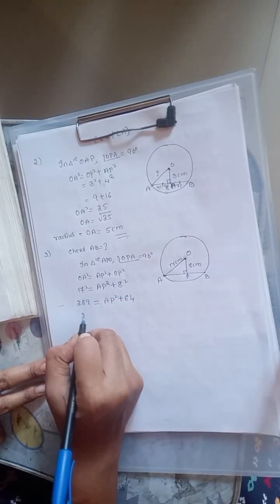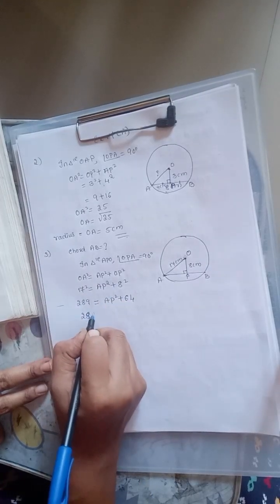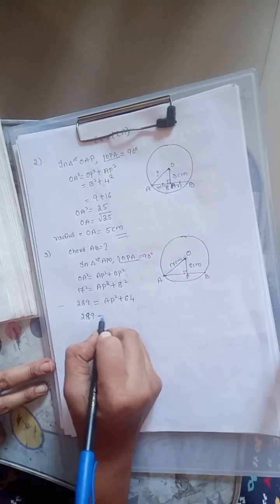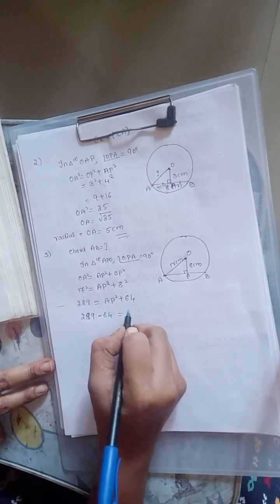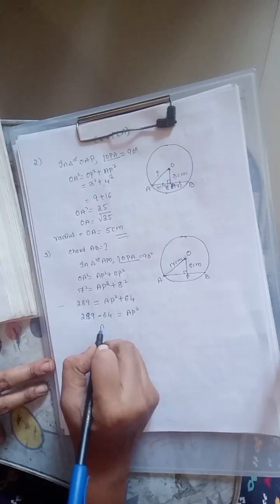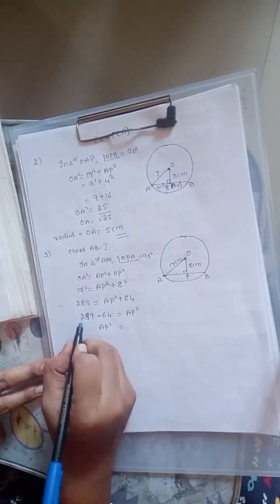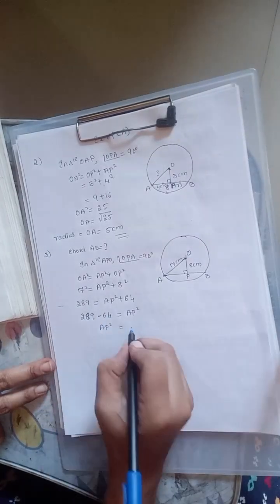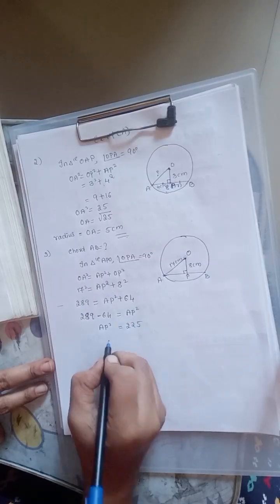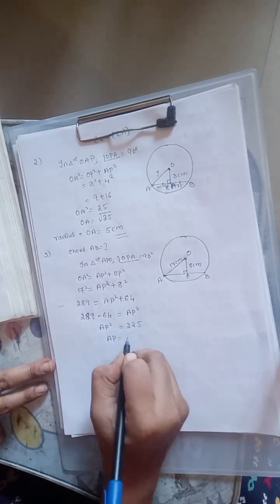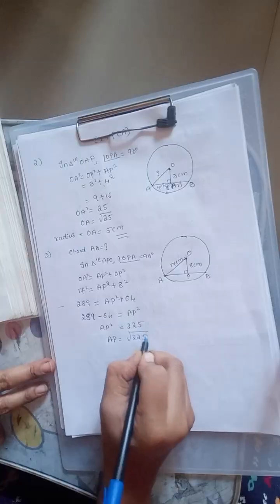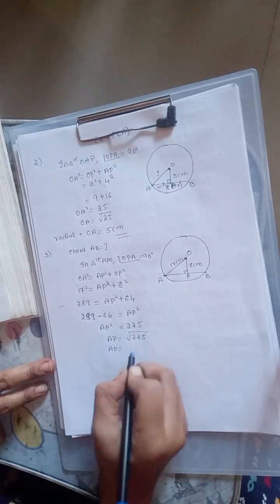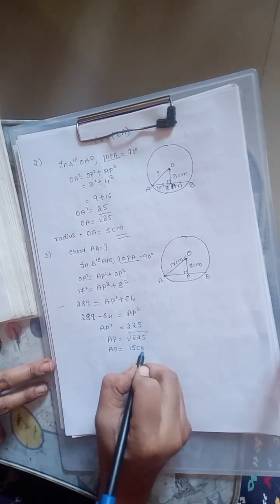Send this 64 to the LHS. 289 minus 64 equals AP square. Now AP square is how much you will get? That is 225. Okay. Now AP is equal to the square root of 225, so what AP length will you get? 15 cm.